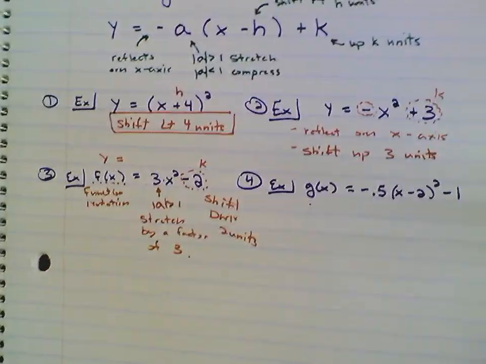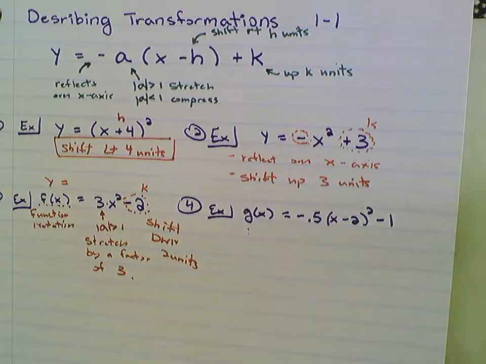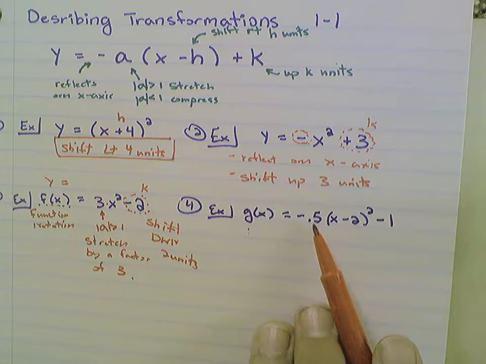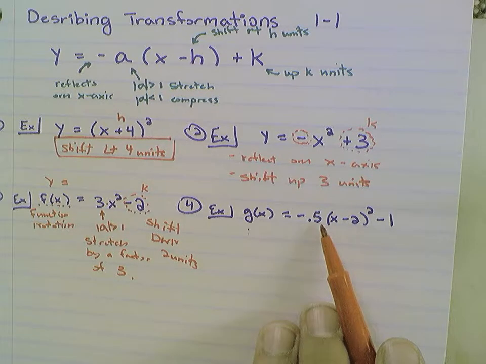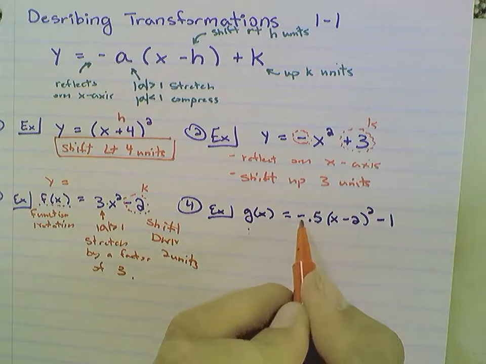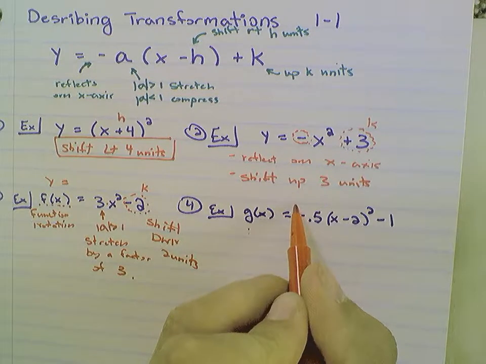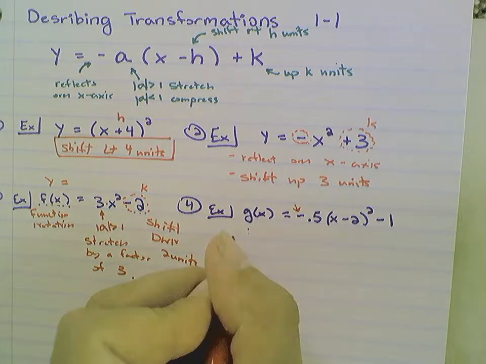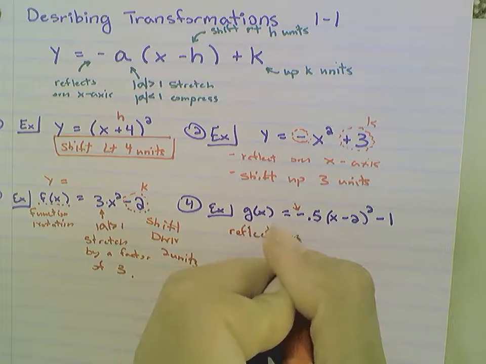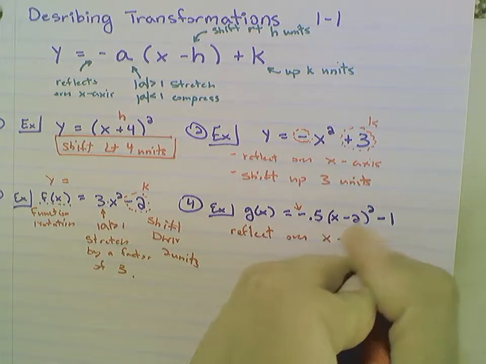Alright, then lastly, real quick here, number 4. Once again, it's in function notation. It's g of x equals negative 0.5 times (x minus 2) squared minus 1. So once again, I just want to identify the transformations that I have. I have a negative out front. The negative will reflect over the x-axis.